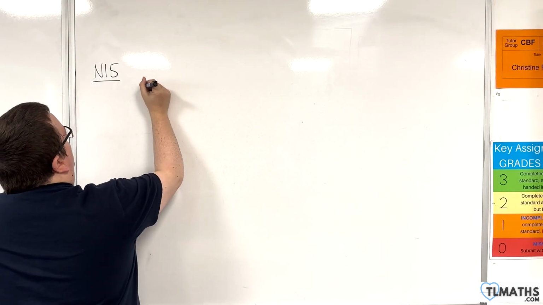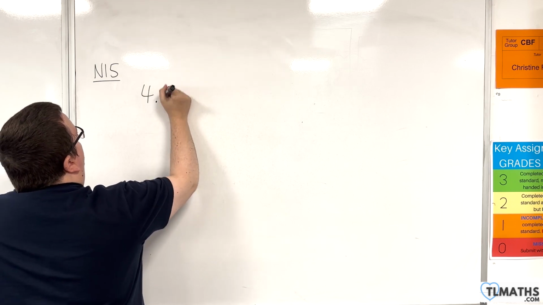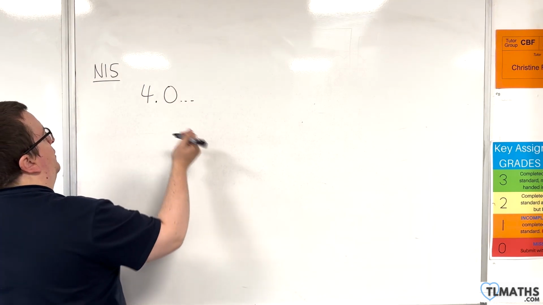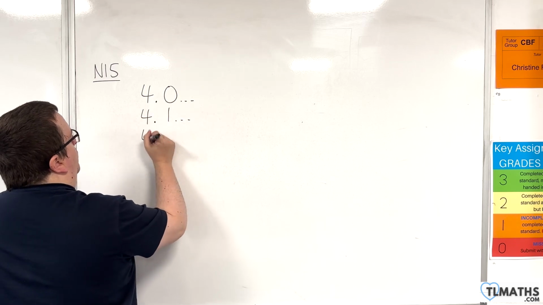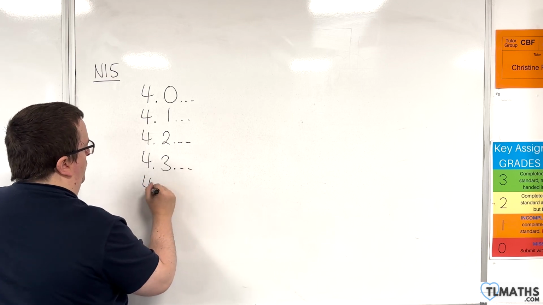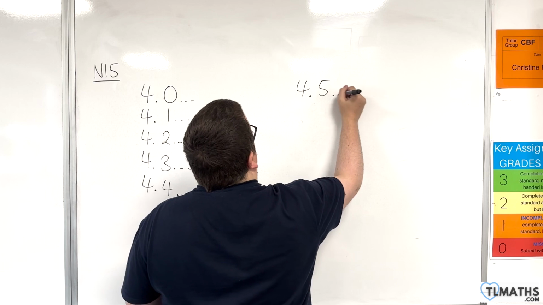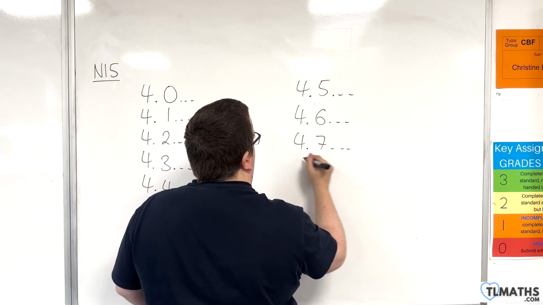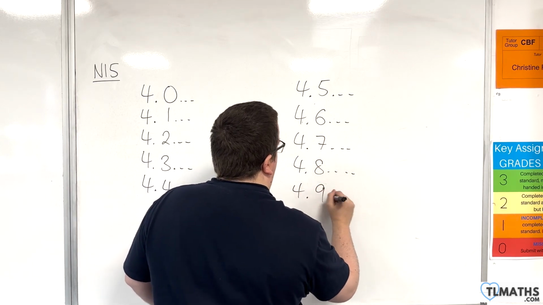If you've got, let's go with 4.0 something, so that could be 4.01, 4.02, 4.03, etc. 4.1 something, 4.2 something, 4.3, 4.4, 4.5, 4.6, 4.7, 4.8, and 4.9.